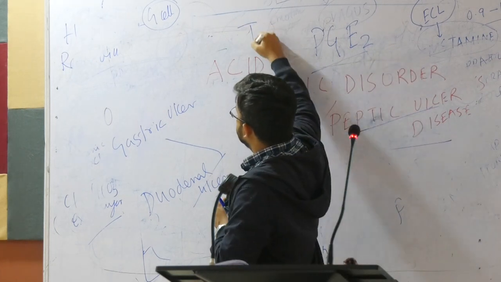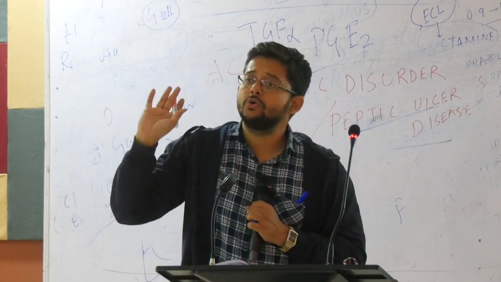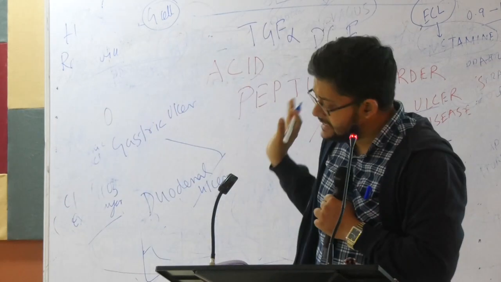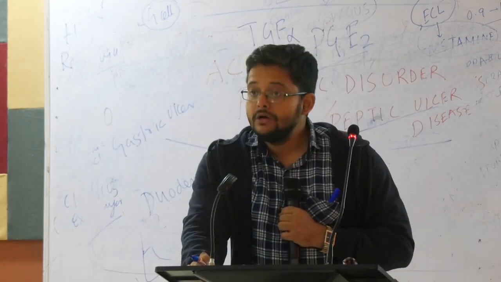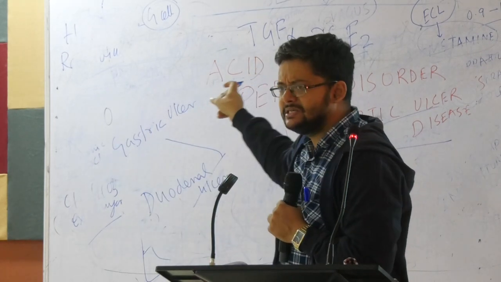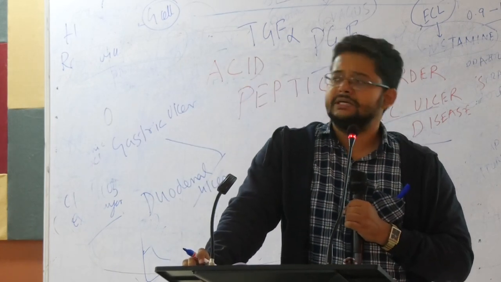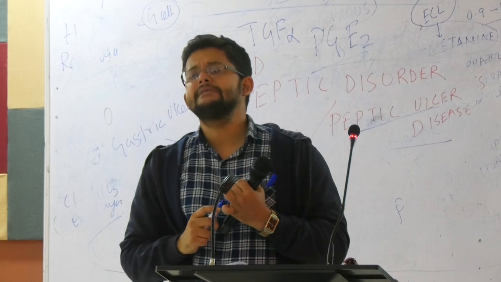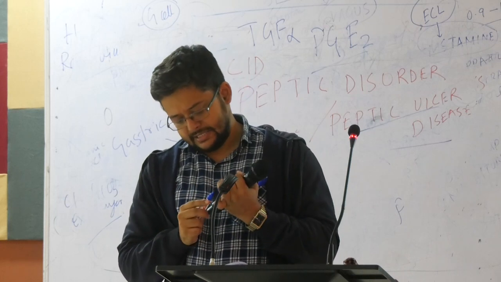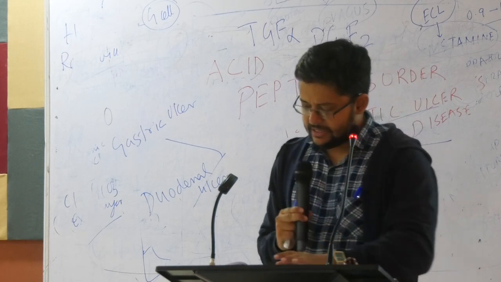TGF alpha. This is a growth factor, tissue growth factor, alpha variant, TGF alpha. I have written it above. Increased acidity itself decreases HCl secretion. So if acid increases, increased acidity itself decreases the HCl secretion.